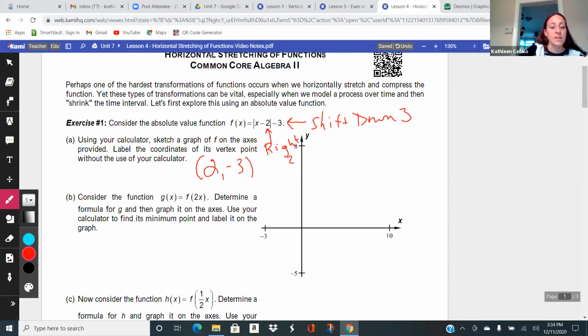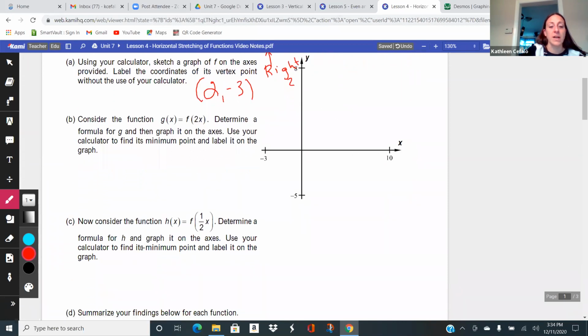Okay, so now we're going to consider the function g of x, which is f of 2x. Now think about that, f of 2x, different from our last one when we did the vertical stuff, where the 2 would have been on the outside. Okay, so this looks a little bit different. It says determine a formula for g, and then graph it on the axes, and use your calculator to find its minimum point.